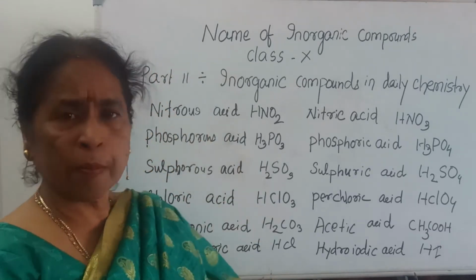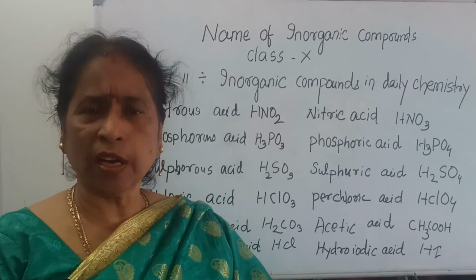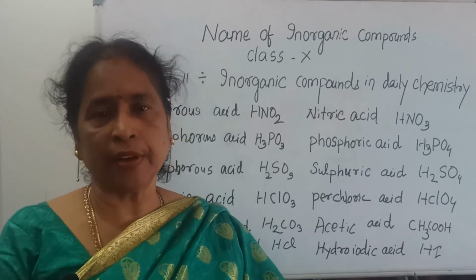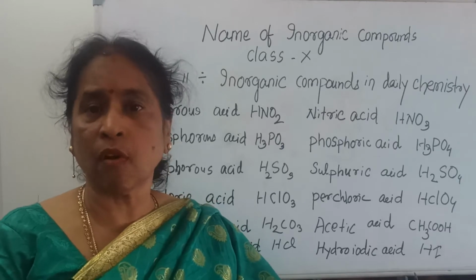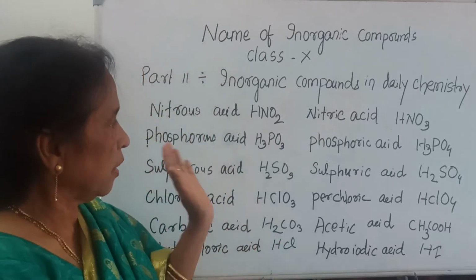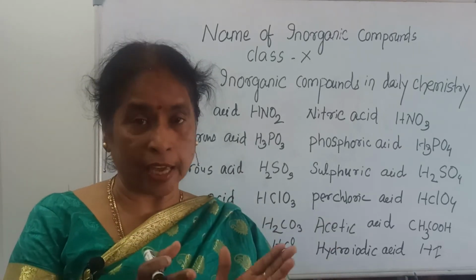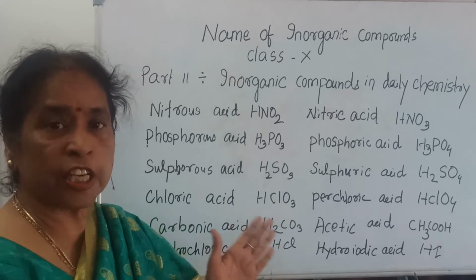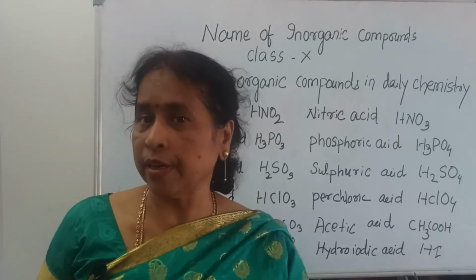From part 1 to part 10 I have already explained the different cations and different anions and how they form different types of compounds. And how can you write the formula of different compounds by using different cations and anions?